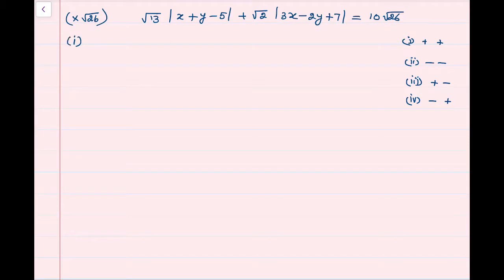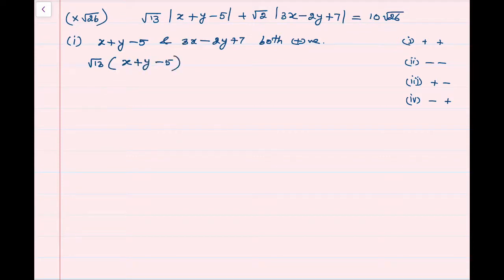First case, we will take x plus y minus 5 and 3x minus 2y plus 7 both positive. We get root 13 times x plus y minus 5 plus root 2 times 3x minus 2y plus 7 equal to 10 root 26.